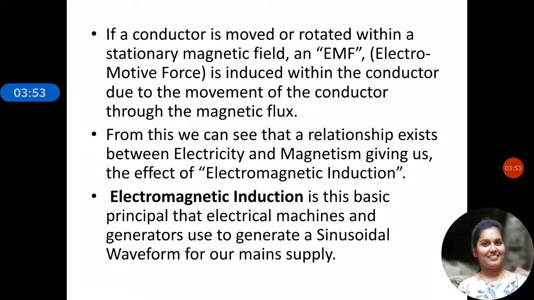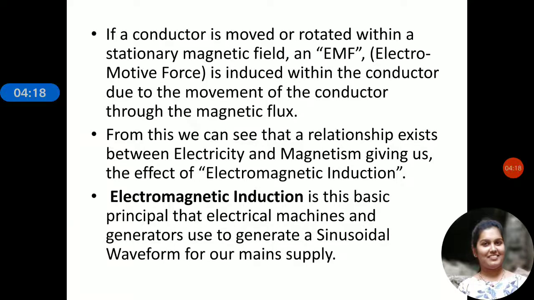So if we take two magnetic poles, a north pole and a south pole, and between those we place a current carrying conductor in the magnetic field, some kind of magnetic energy is developed because of the electrical energy.